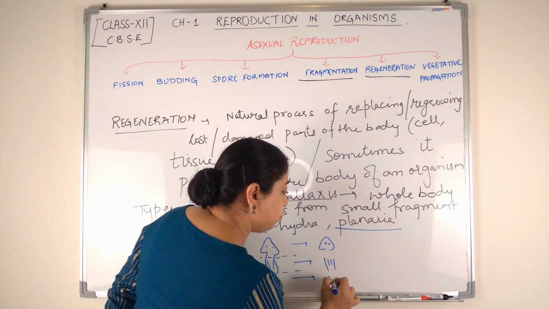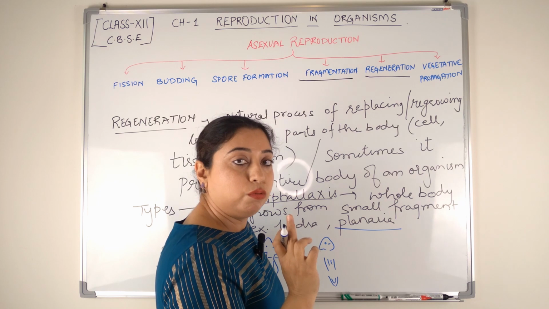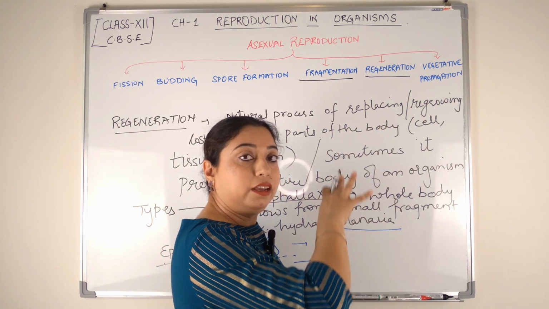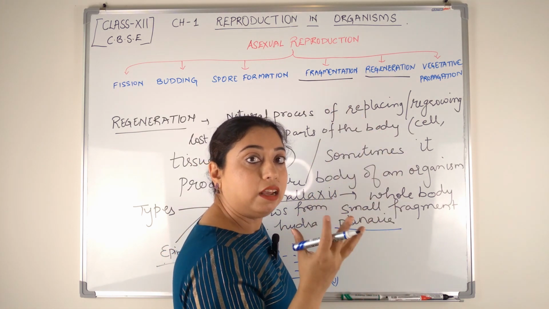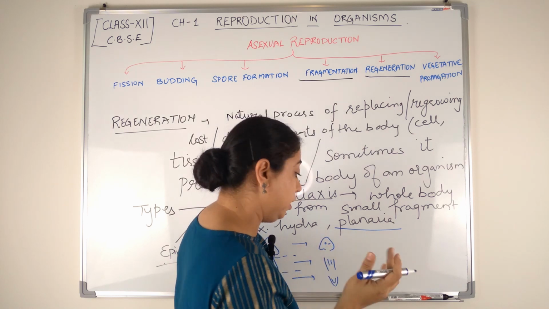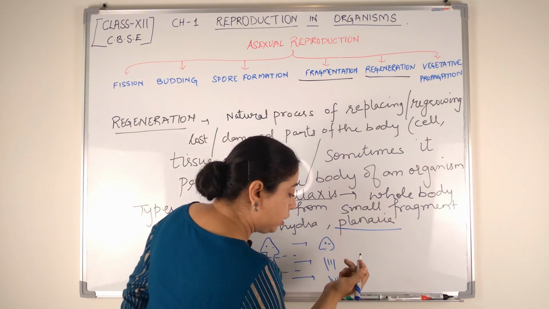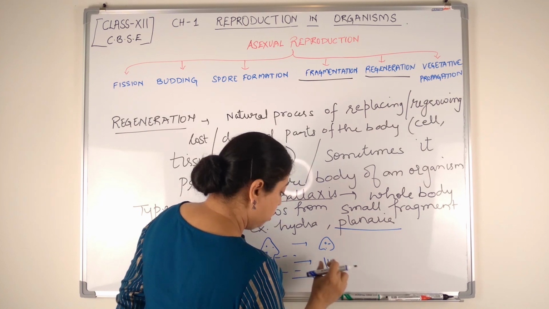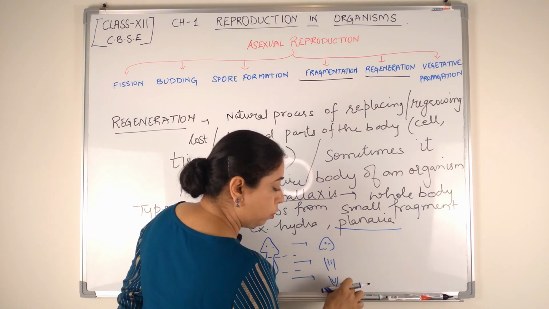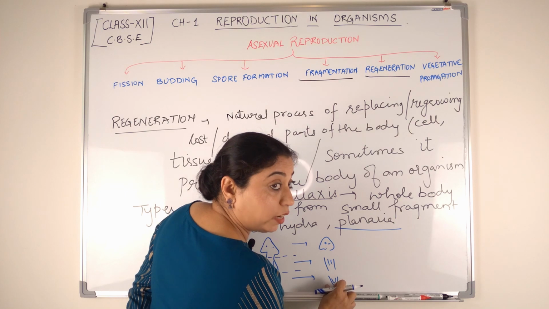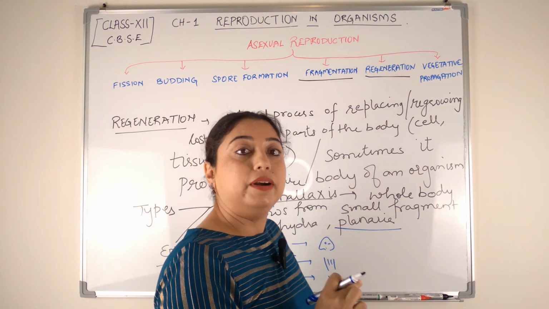Each fragment will be able to produce completely new planaria, the full body of a planaria. This upper portion can give rise to or can regenerate the middle and the lower part. The middle one can regenerate the upper and the lower part, and the lower one can regenerate the upper and the middle part.